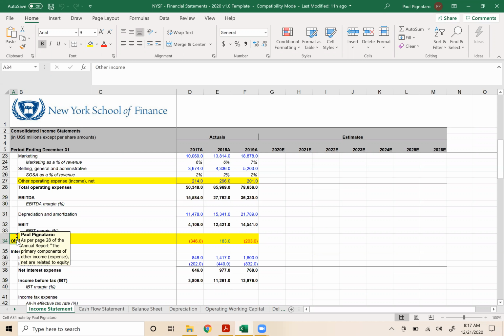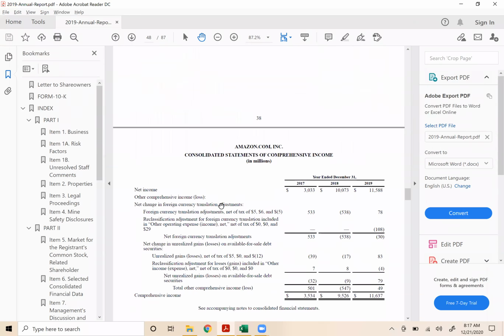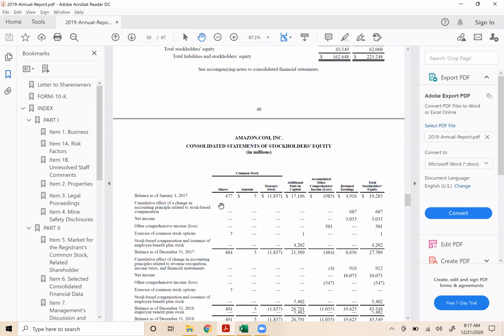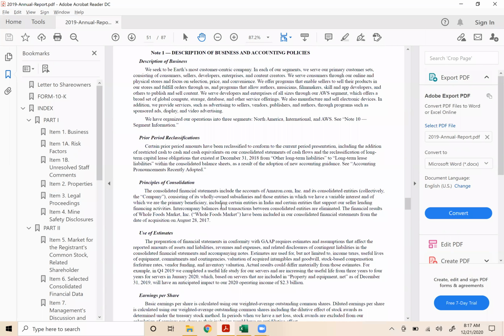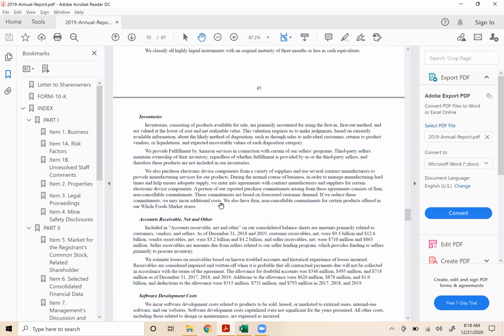First, let's look at what it is. So I put a little note here. I said I found it in the annual report. I had to flip through it, page 28. So if you go to the annual report, I literally had to just scroll in the notes and look for it. Unfortunately, I can't Control-F search for whatever reason here. So I had to scroll through it, and I found it on page 28.